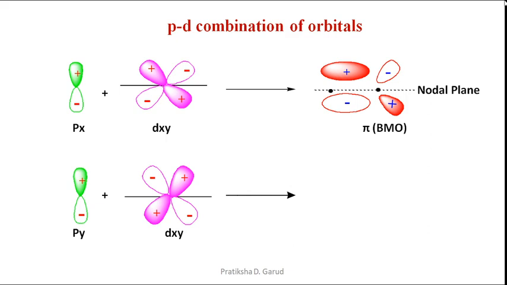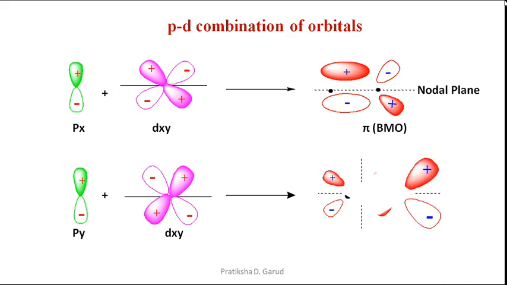So due to overlapping there will be repulsion between the opposite sign, and due to repulsion there will be formation of the node, which can be shown as, so we are having this type of repulsion between the opposite sign, which results in the formation of the nodal plane, and this is called the antibonding molecular orbital. These antibonding molecular orbitals have the symbol pi asterisk. So in this way we are having the formation of pi and pi asterisk, bonding molecular orbitals and antibonding molecular orbitals.